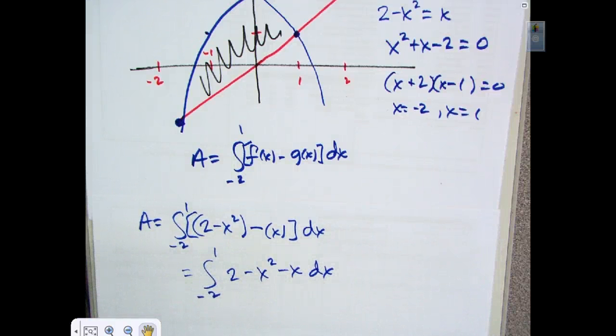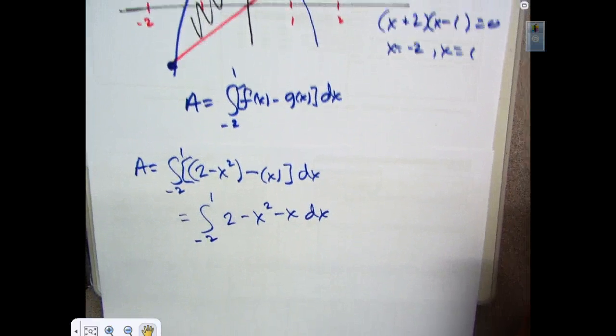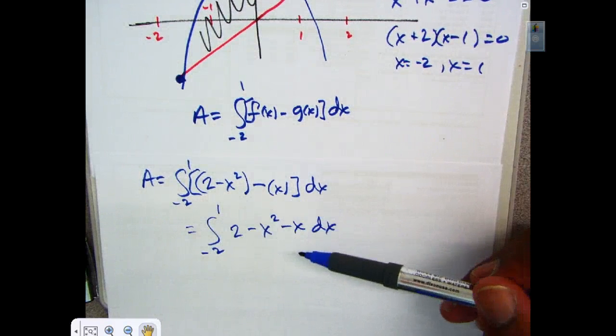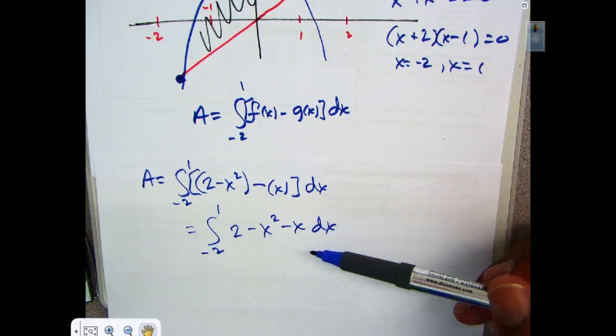And now it's just a matter of finding the antiderivatives and evaluating it for the limits between -2 and 1. You would also be surprised at how many students mess up on the arithmetic here. Typically on an FRQ, you're going to get points for coming up with the correct integral, and usually the answer itself is just 1 point.